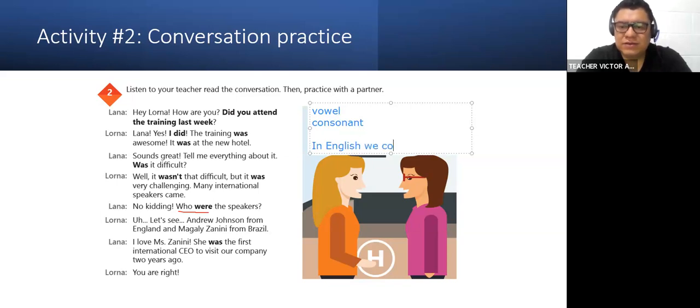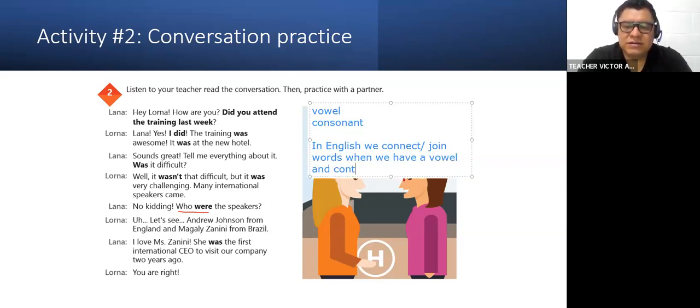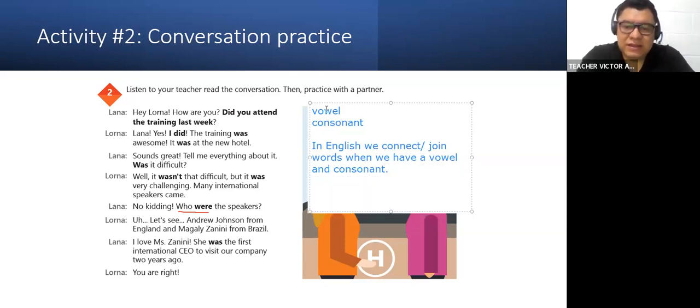We connect or join words when we have, for example, a vowel and consonant. Like in this case, Paula's question, right? Who were the speakers?